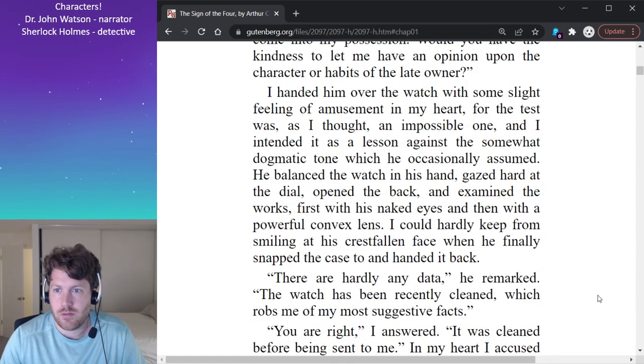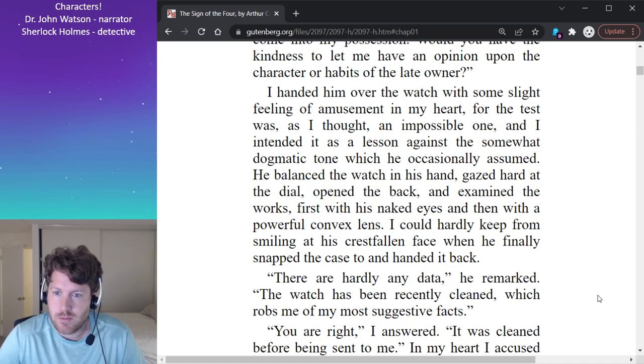I handed him over the watch with some slight feeling of amusement in my heart, for the test was, as I thought, an impossible one, and I intended it as a lesson against the somewhat dogmatic tone which he occasionally assumed. He balanced the watch in his hand, gazed hard at the dial, opened the back, and examined the works, first with his naked eyes and then with a powerful convex lens.